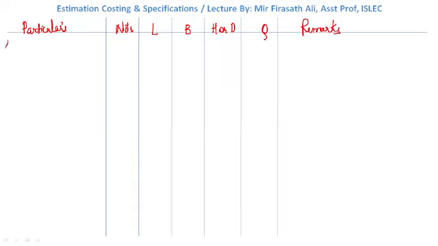So what is our fourth thing to do? Find out DPC, 2.5 centimeter CC. What is the quantity? 1. The length of DPC is always the same as the plinth. We need to write it over here.